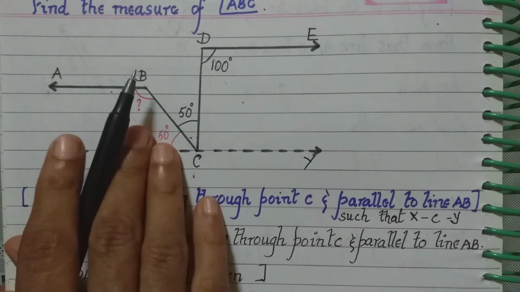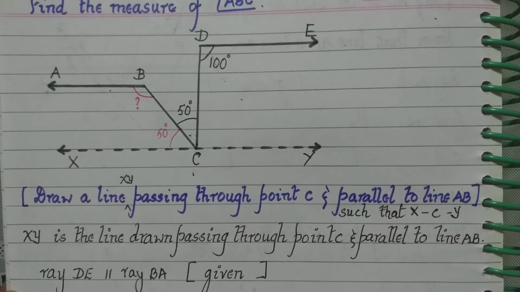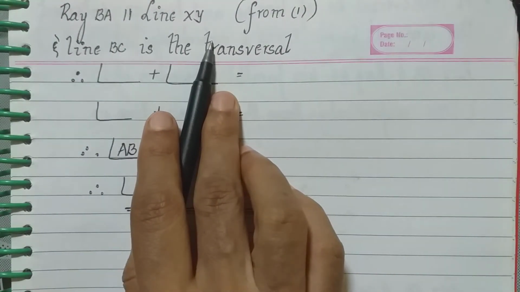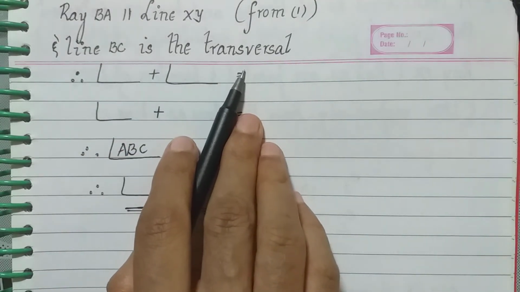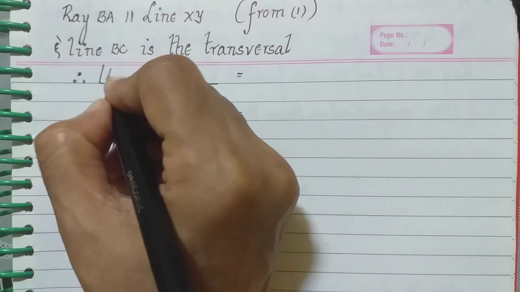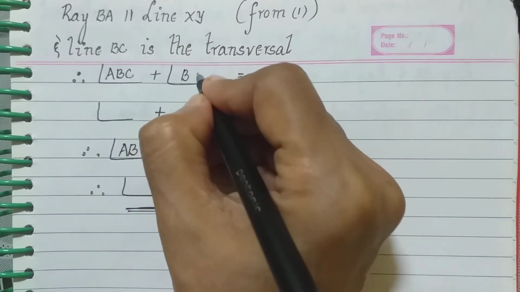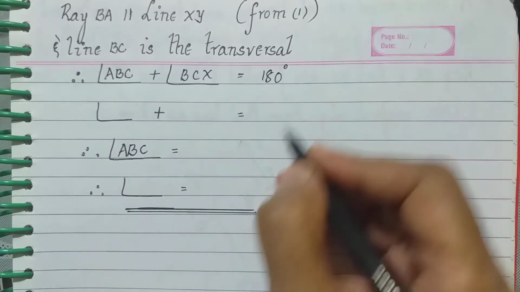See, confirm here that BC is the transversal. So let us write it down. Ray BA parallel to line XY and line BC is the transversal. Therefore, angle ABC, that is what we have to find out, plus angle BCX is equal to 180 degrees.